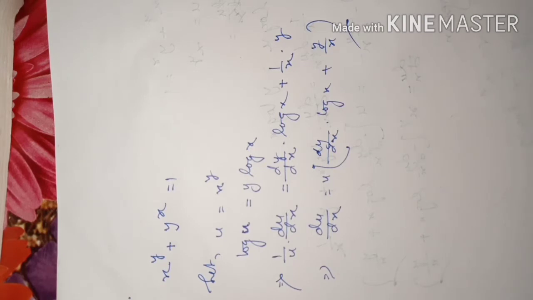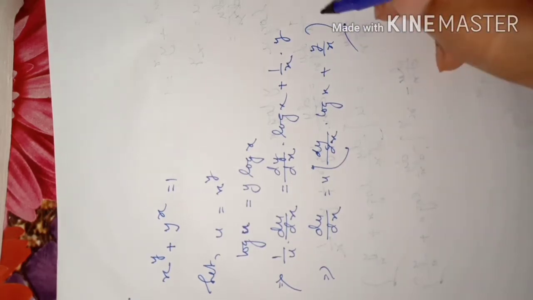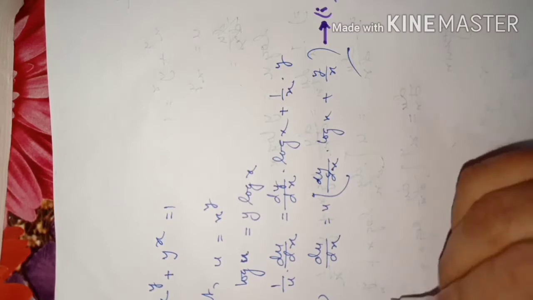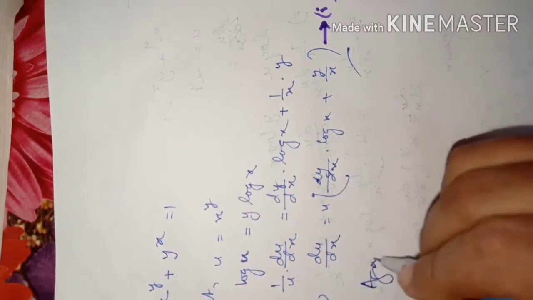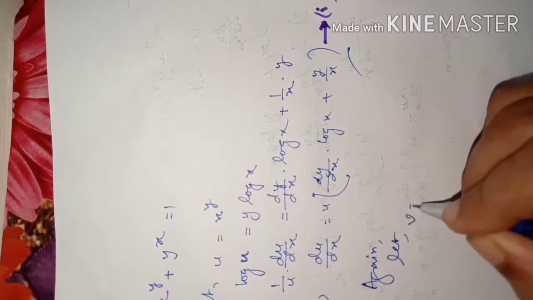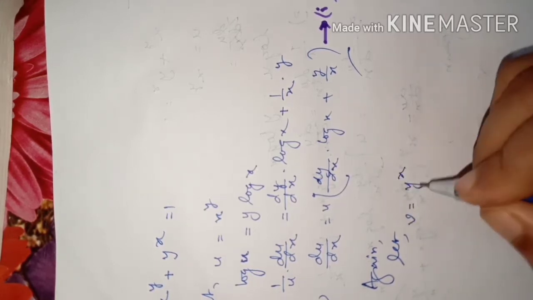Let us stop here. Next, let us take the second part as v. Suppose I consider v again, let this v be equal to y to the power of x.